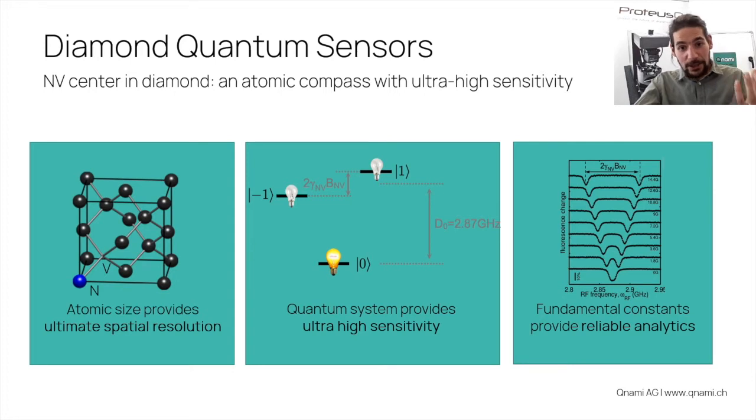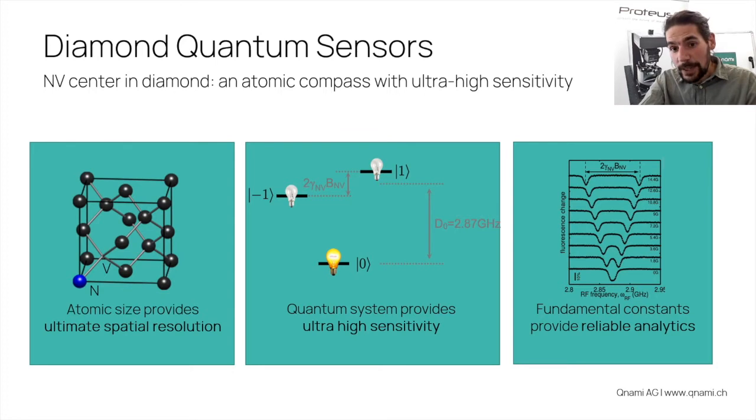What is peculiar is that the ground state appears bright in the fluorescence spectrum, whereas the excited spin polarized states are darker. The transition between the ground state and the spin polarized states can be driven using a microwave. So what we record in scanning NV microscopy is the fluorescence as a function of this RF frequency.